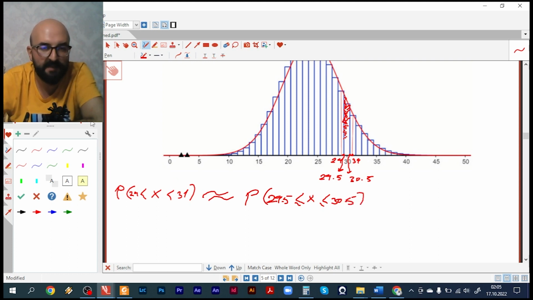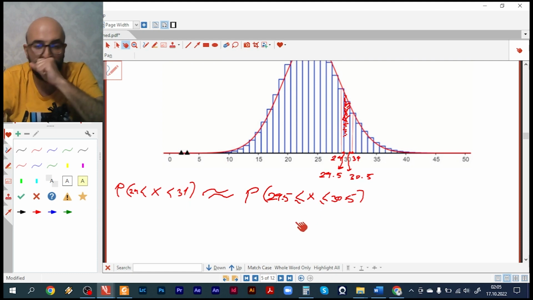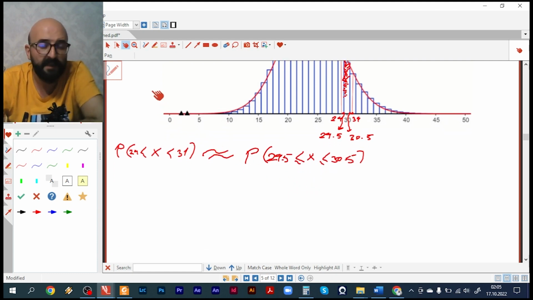And step 2, you should make a continuity correction, and you should use this formula.